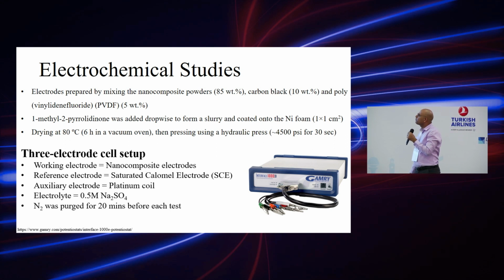Then we dry them at 80 degrees centigrade, and using a hydraulic press, we created those electrodes so that they can be used as a working electrode. We have used this Gamry potentiostat, as I said before. We have a saturated calomel electrode as the reference electrode, a platinum coil as the auxiliary electrode, and we have been using 0.9 molar sodium sulfate. Every time we do experiments, we purge nitrogen for about 20 to 30 minutes to remove the dissolved oxygen.